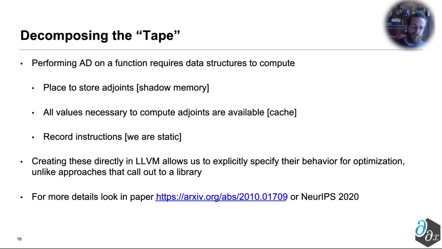So in contrast to AD frameworks, as an example in Python or early ones in Julia, where the tape was also the tape of operations, this allows us to reduce the overhead per operation significantly. The additional benefit is that because we generate the reverse instructions directly in LLVM, we can also annotate behavior for optimization and generate better code. And if you're more interested in details, the paper is on arXiv or in the NeurIPS 2020 proceedings.